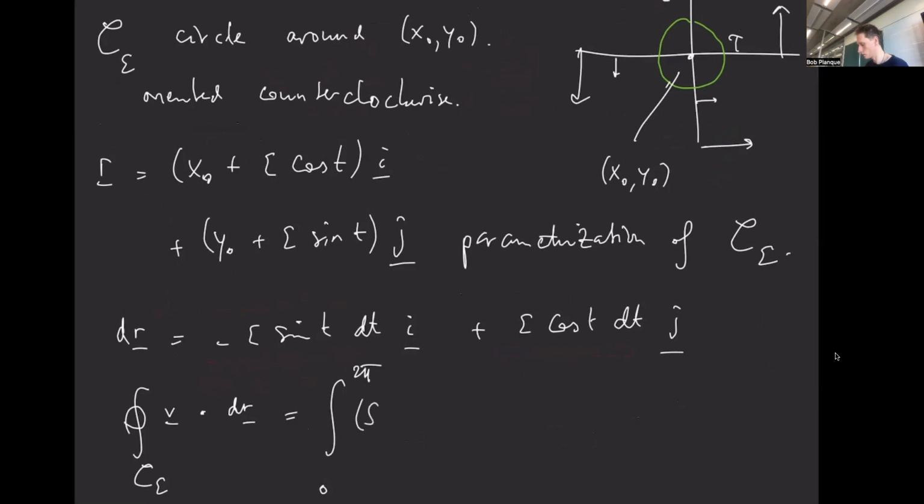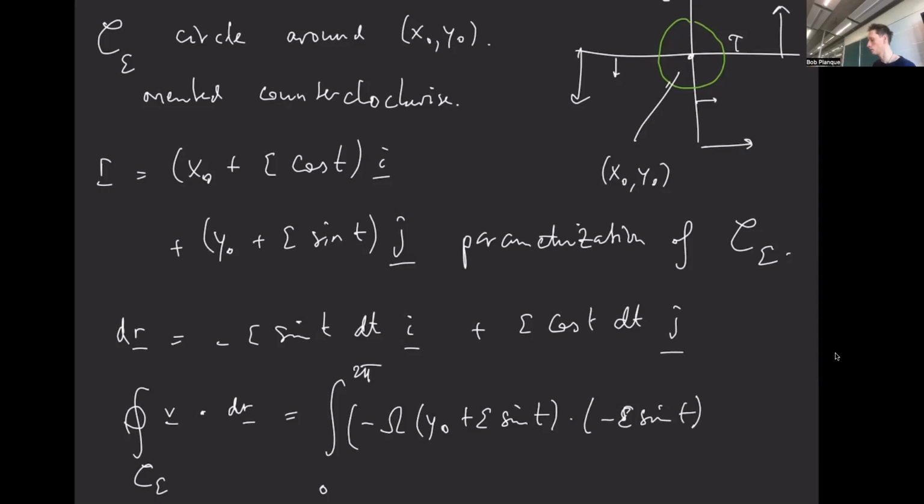So this gives me omega epsilon minus omega epsilon. This is the first one.